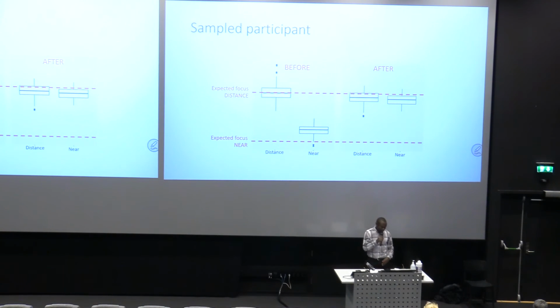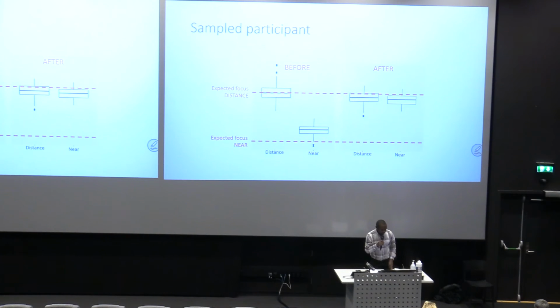This is the result of one participant when they are focusing at an object. The red lines represent the expected focus at distance, that is at far, and also at near.